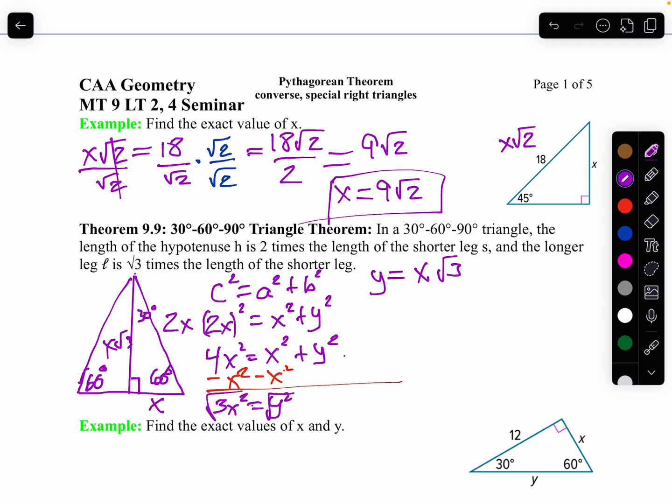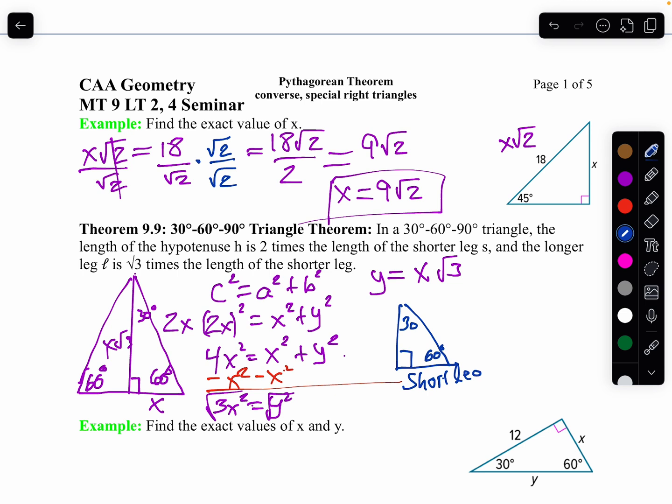So when we have a 30-60-90 triangle, I might not have drawn this to scale. Here's my 30-degree angle. Here's my 60-degree angle. What we're going to do is call the side opposite my 30-degree angle my short leg.